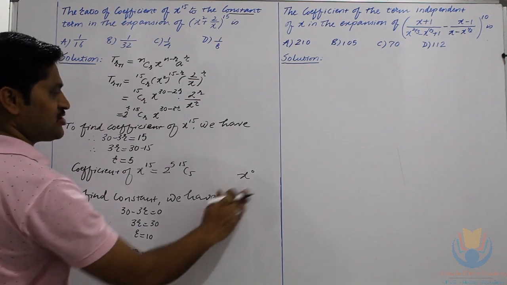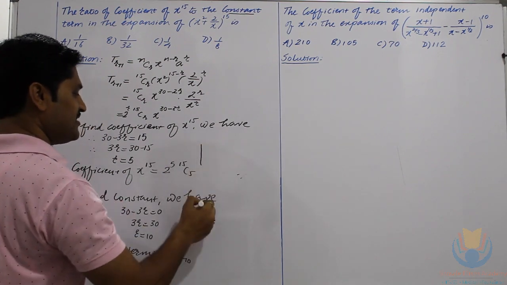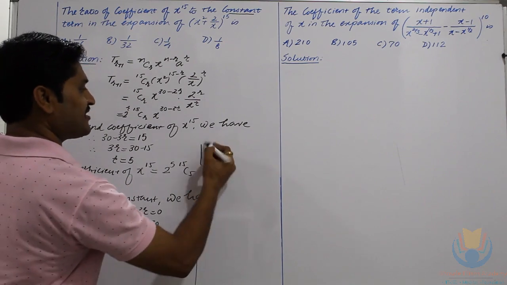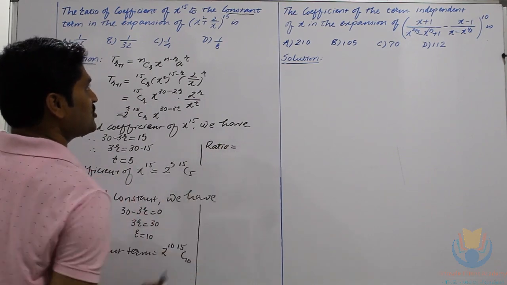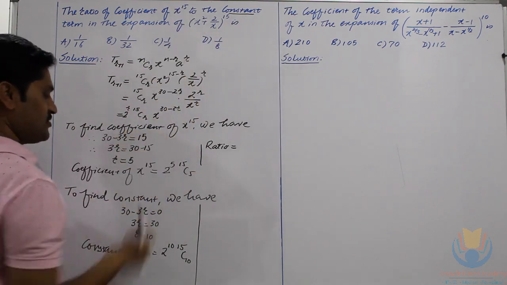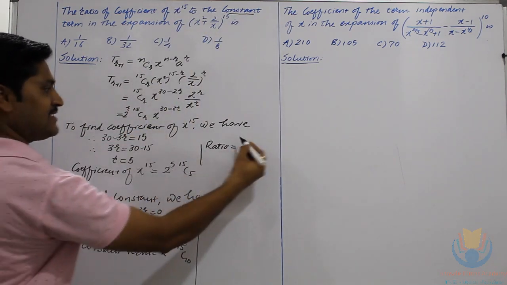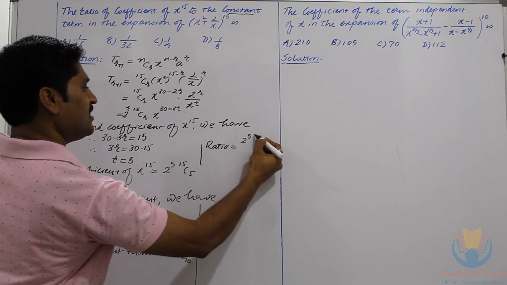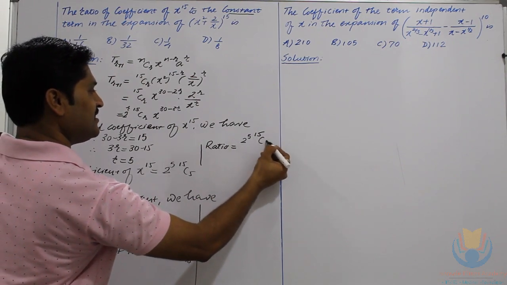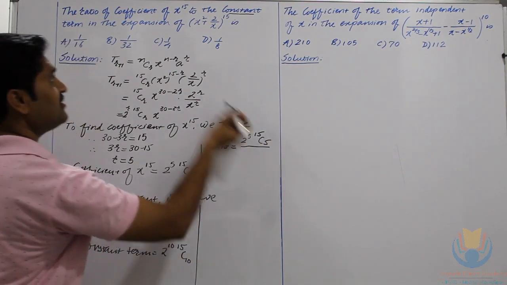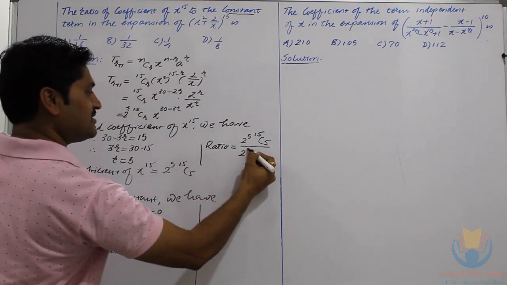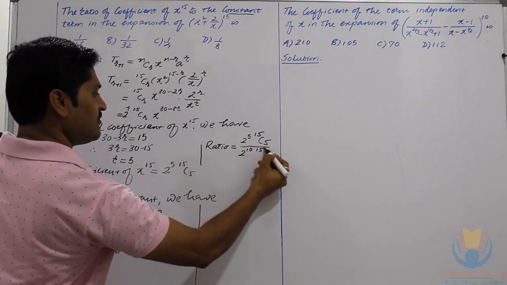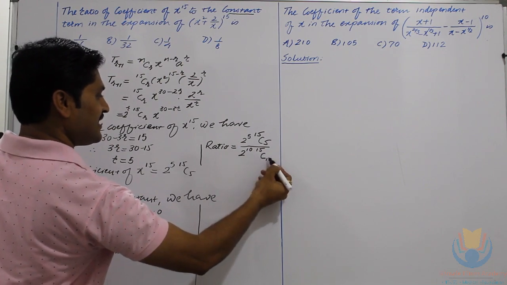Now we will take the ratio whatever is there in the question. So let's write that ratio here. Again I repeat, we have to take the ratio of the coefficient of x raised to 15, which I got as 2 raised to 5 into 15C5, with the constant term, which I got as 2 raised to 10 and 15C10.